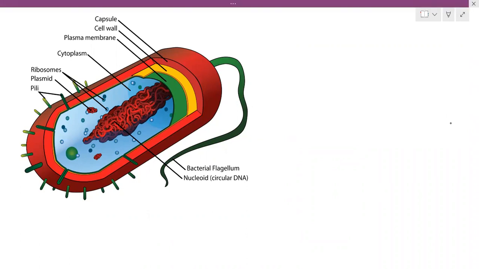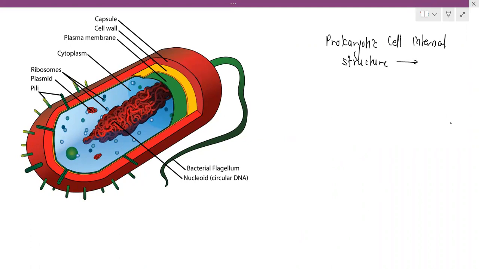Now see, when we study any internal structure, particularly prokaryotic cell internal structure, it is divided into two parts basically. For studying purpose, two parts we can study.